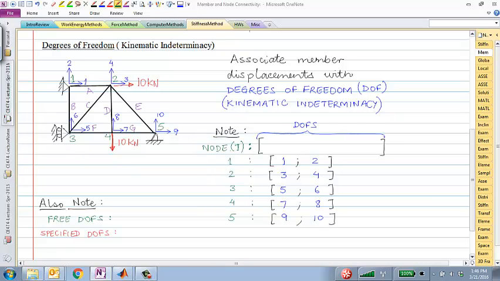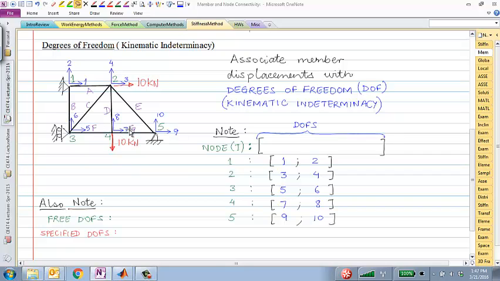For node I, what would be the degrees of freedom? Drew? Say that again? There would be both x and y displacements for a general node. But for example, I'm saying node 3 here. This node 3 has a degree of freedom 5 associated in the x direction, 6 associated in the y direction.